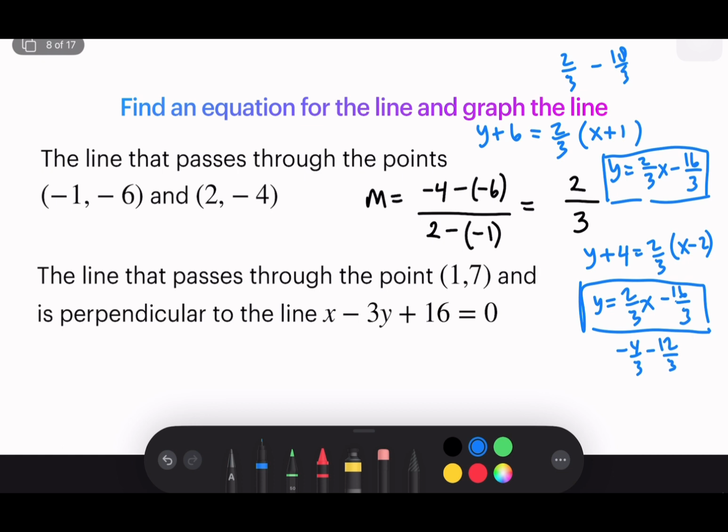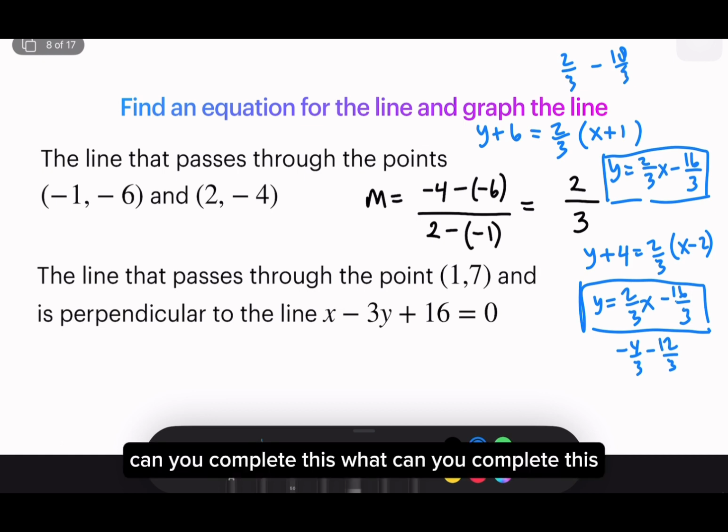You have M1, which is the slope. It says that the slope is perpendicular. What does that mean? So M2 is equal to? Can you compute this?